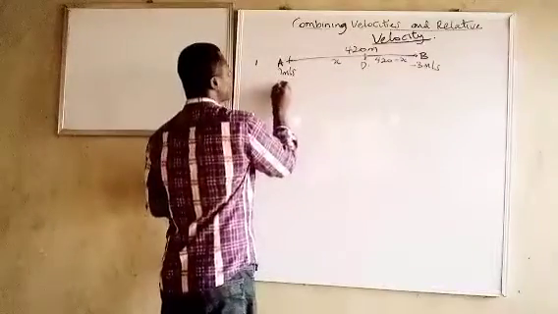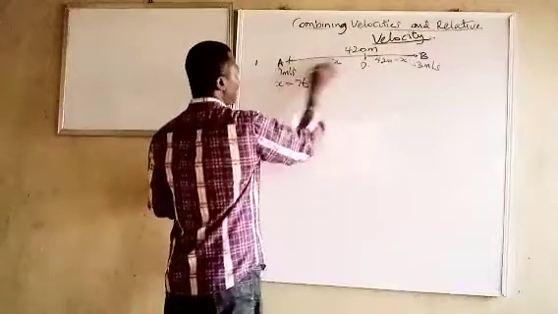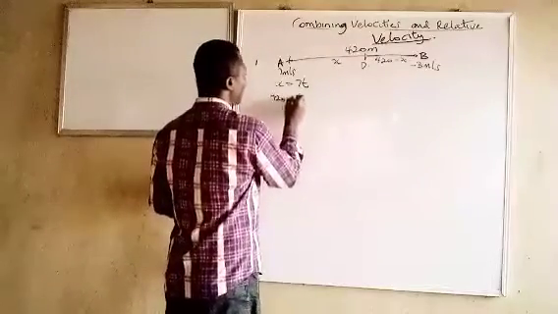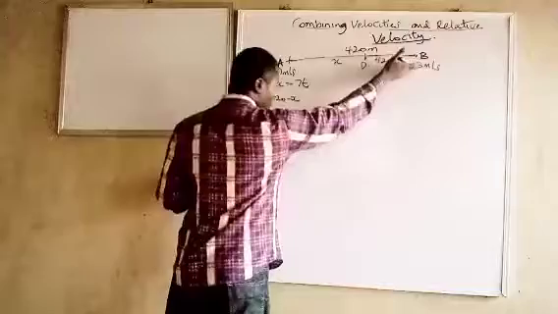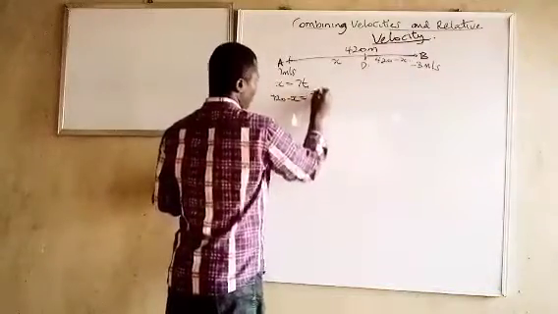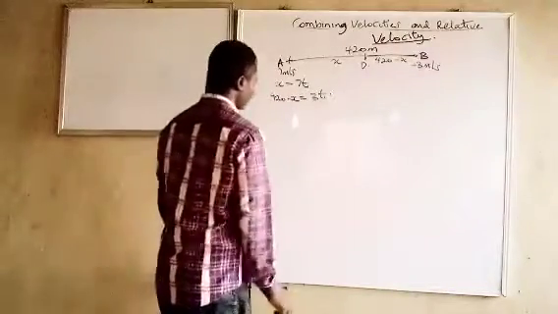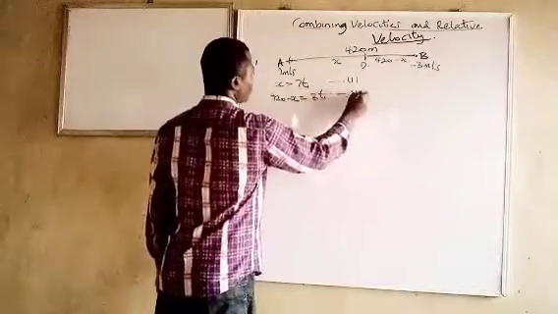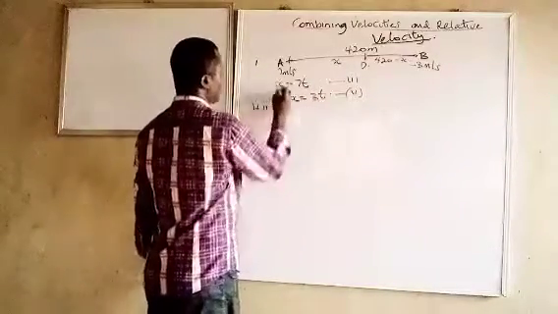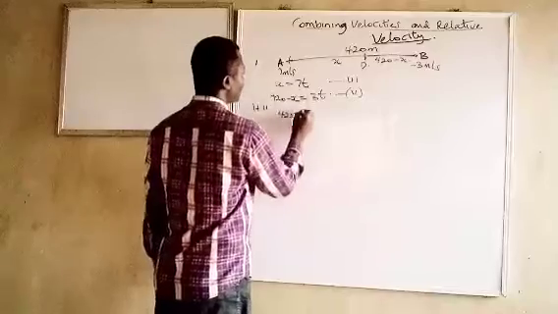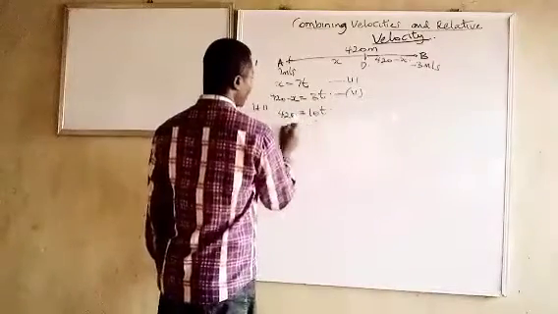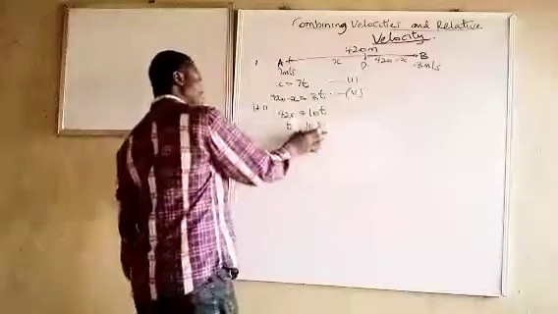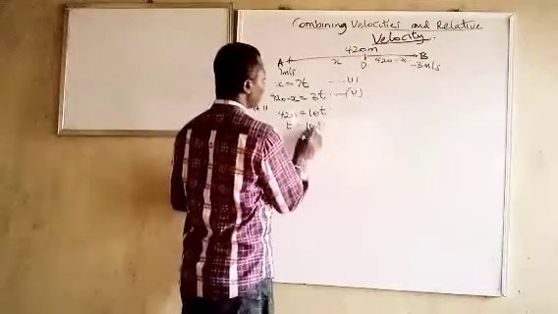Now, x will be 7t, where t is the time at which they meet. 420 minus x, because it's towards this direction, is still 3t. Adding 1 and 2, I'm going to have 420 is equal to 10t.